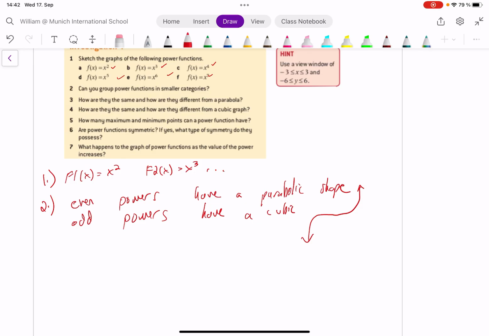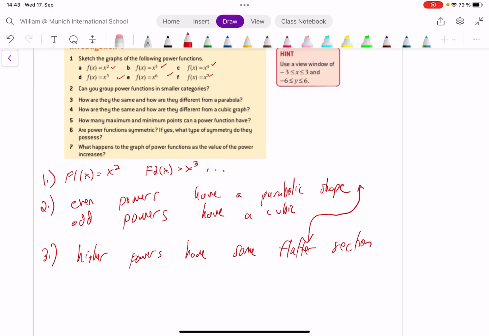And so it says, how are they the same? How are they different? So you'll notice that the higher powers have some flatter sections. They get flat along the middle for longer. So they rise up, they get flat, and then they continue to go up.